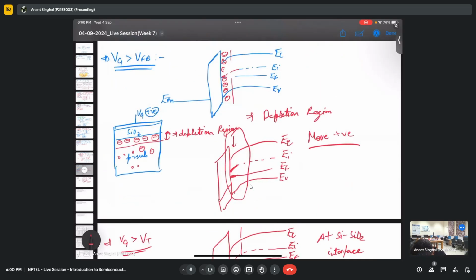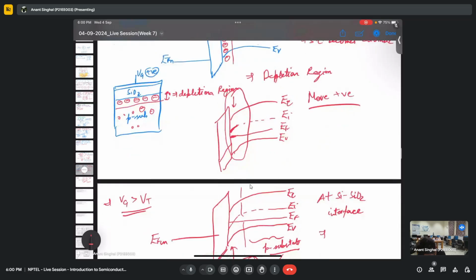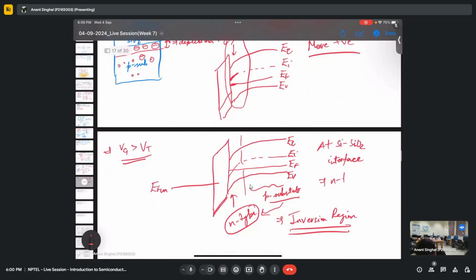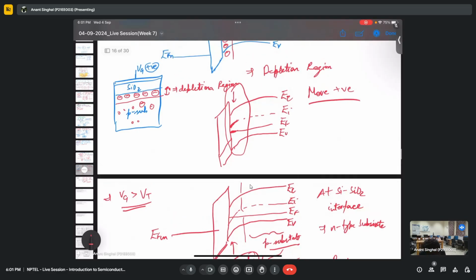When this EI becomes equal to EF at the interface, you can see EI becomes EF at the interface, so the semiconductor becomes intrinsic, right? So it went from P to intrinsic to N. Now it has become N-type at the surface. So that is why we have the inversion. Does it make sense to everyone?